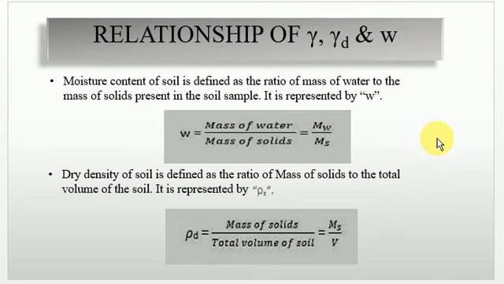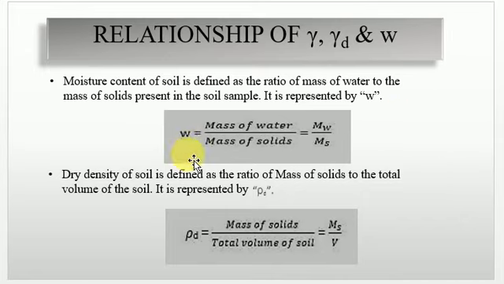Here, the moisture content of soil is defined as the ratio of the mass of water to the mass of solids present in the soil sample. It is denoted by small w.